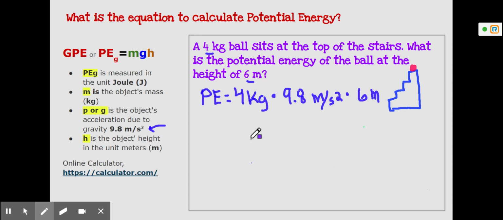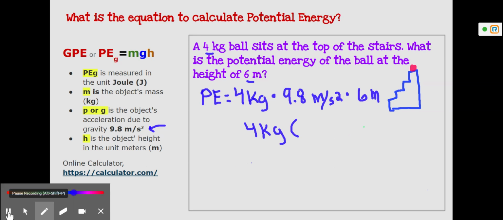Let's multiply 6 times 9.8 first. When we multiply 6 times 9.8, we get 58.8.